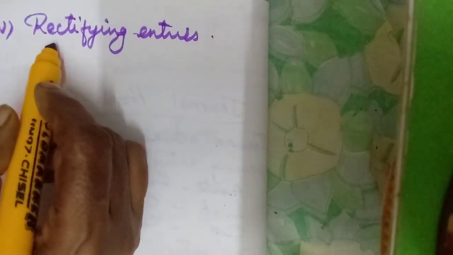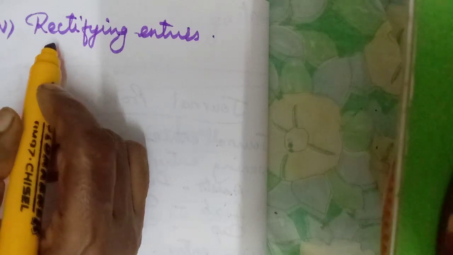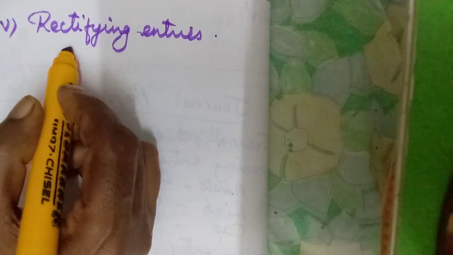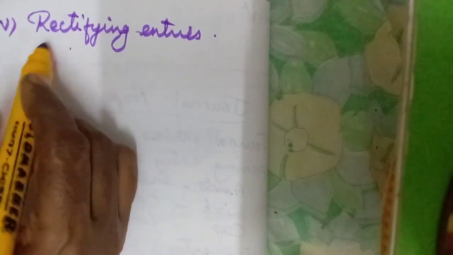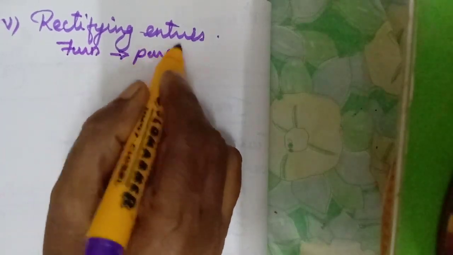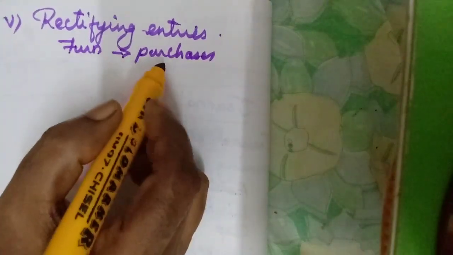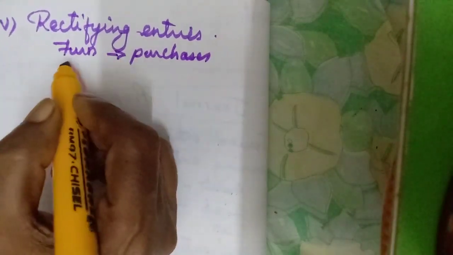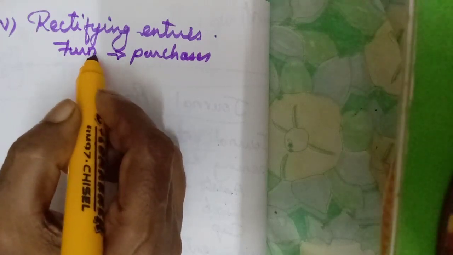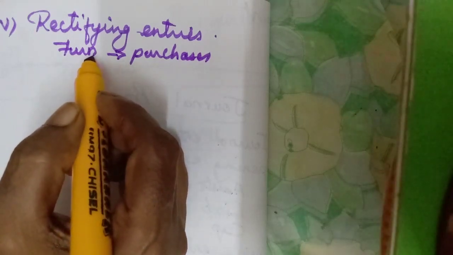It must be corrected. That will be done through entries only. For example, if we purchase furniture and it is recorded in the purchases account, it is a wrong thing. Here we cannot treat that as purchases and we cannot write furniture there. So it is an error of principle.